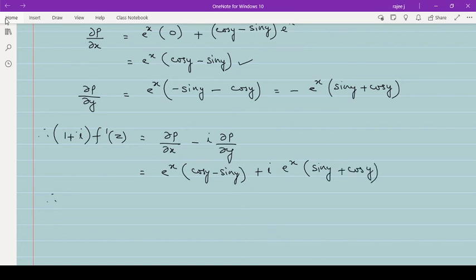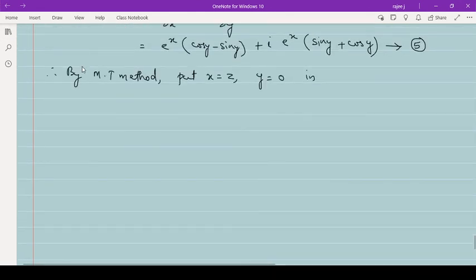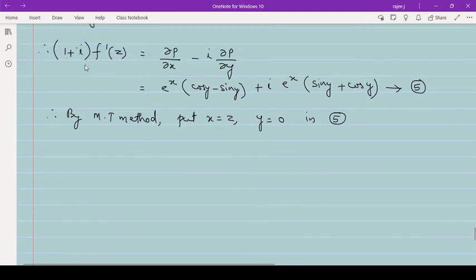Therefore, by the Milne-Thomson method, put x equal to z and y equal to 0 in, say, this one; say this is 5. Now here 3, 4, 5 is because of all those equations, otherwise you can directly put. So this is (1 + i) f'(z) equal to, put x equal to z, y equal to 0.